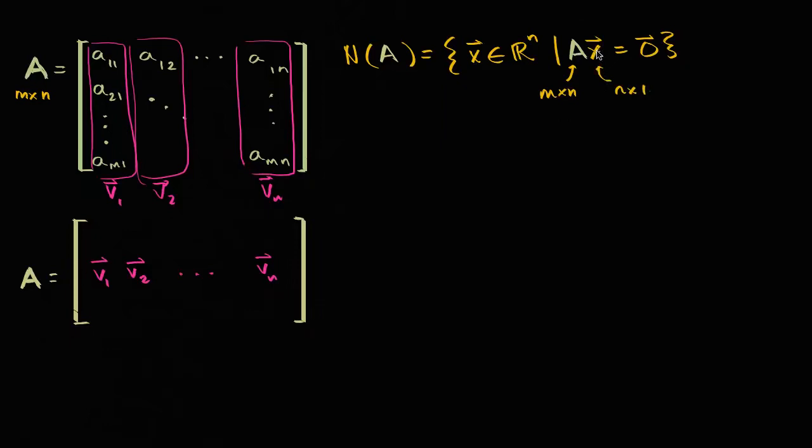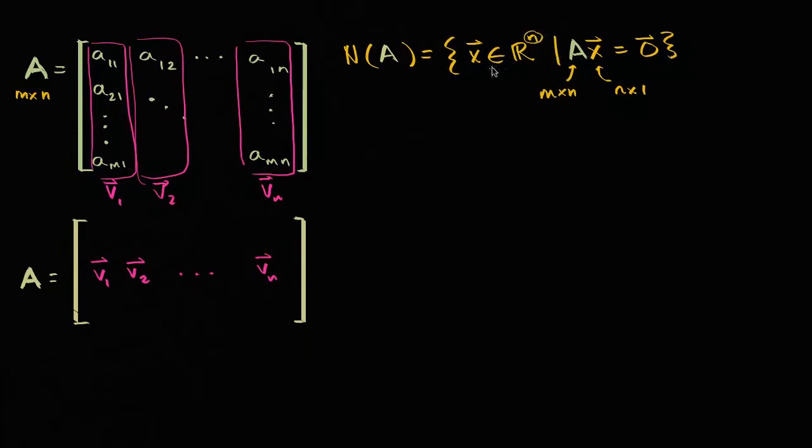And so it's going to have n components, so it's going to be a member of Rn. If this was m by 7, then this would be R7 that we would be dealing with. So that is the null space.